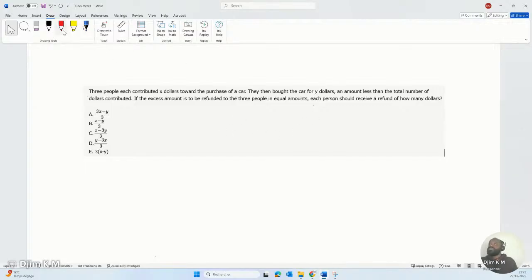So let's say the amount contributed is equal to, since each of the three people contributed X dollars, three times X, or 3X.